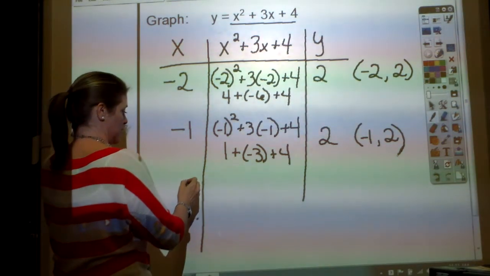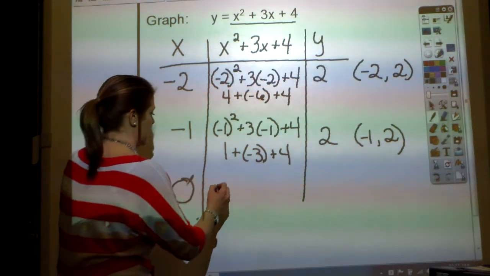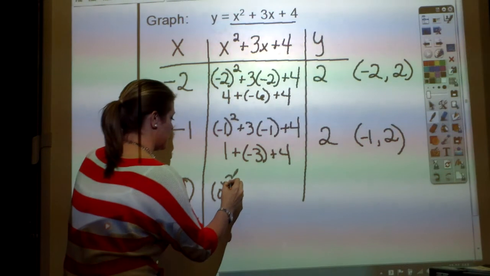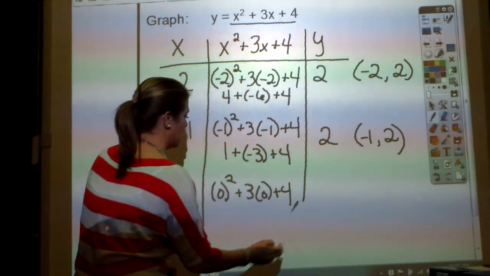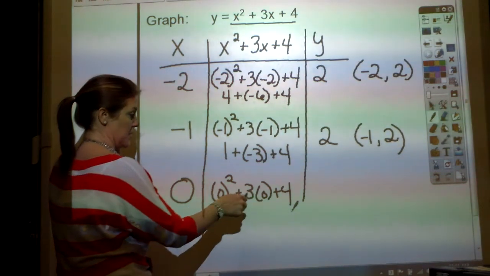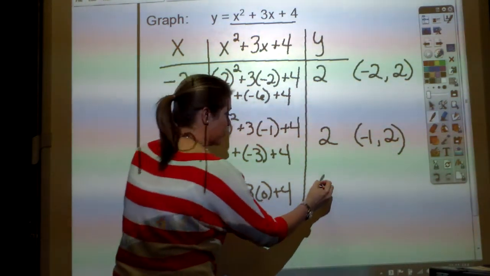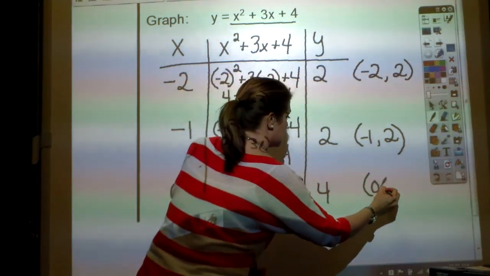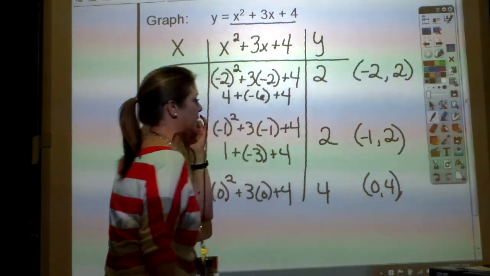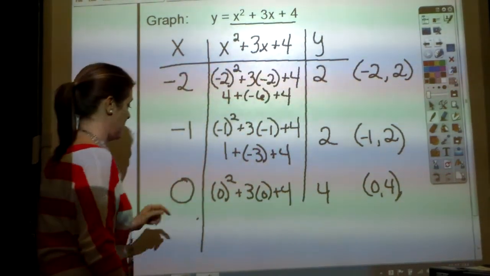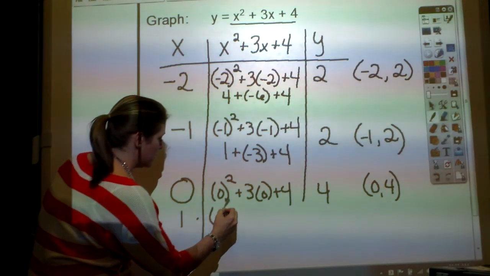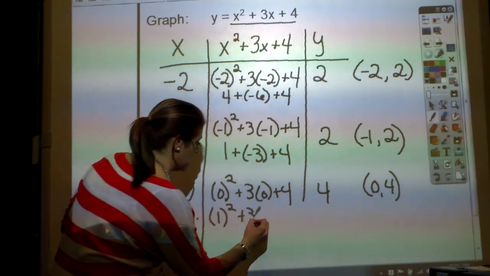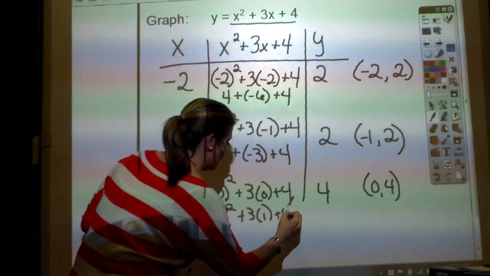All right, then we put a 0 in. 0 squared plus 3 times 0 plus 4. 0 plus 0 plus 4 would give me a 4. So 0, 4 would be my next ordered pair. Kind of running out of room, but let's put a 1 in there. That's going to be 1 squared plus 3 times 1 plus 4.